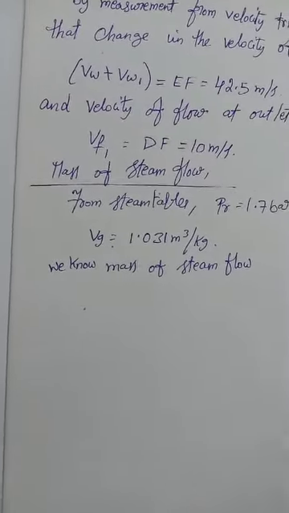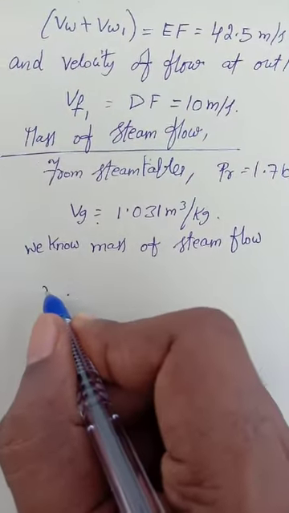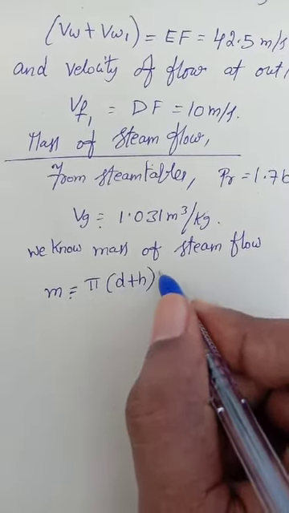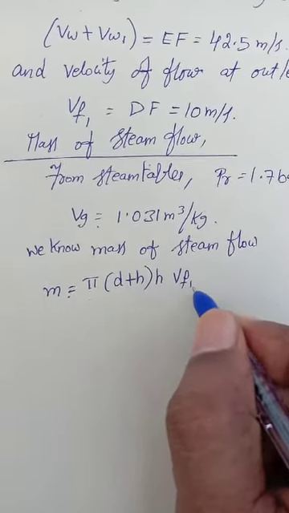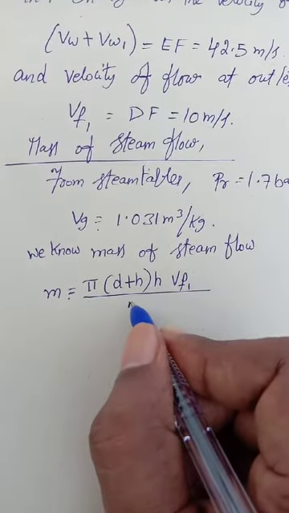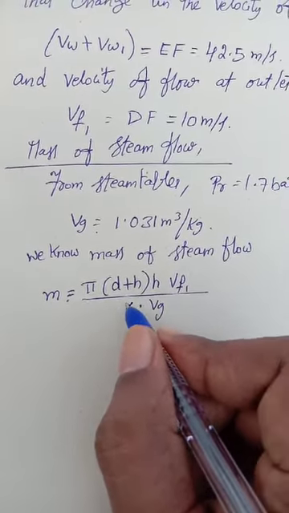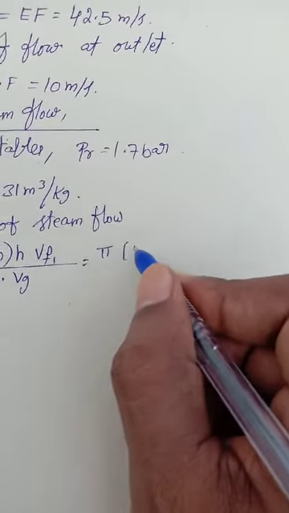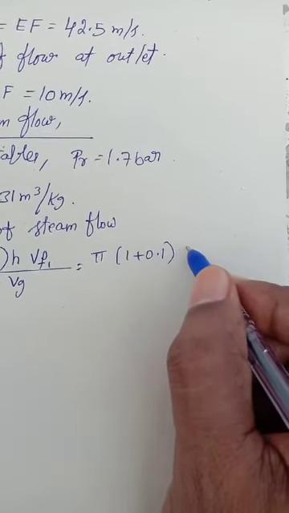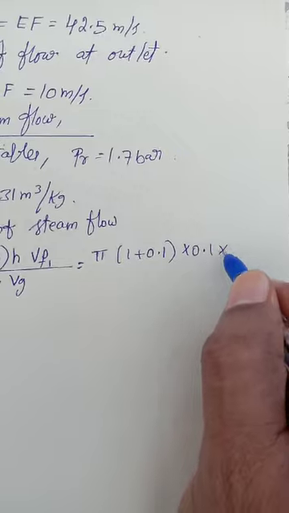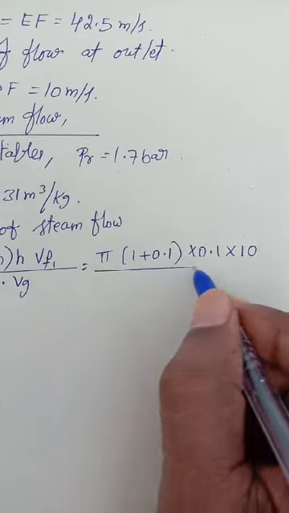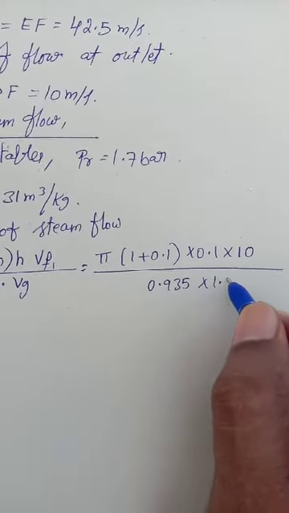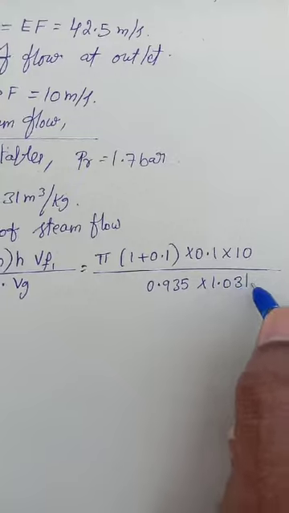We know the mass of steam flow m is equal to pi into (D plus h) into h into Vf1 divided by x into Vg. Okay, now you know all values, you just substitute the values here: 0.1 into 10 divided by 0.935 into 1.031.